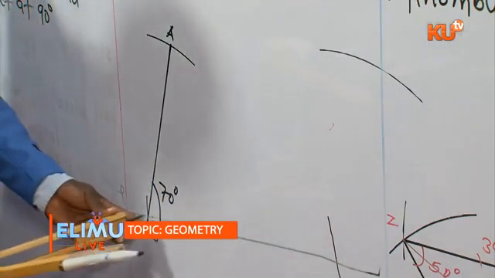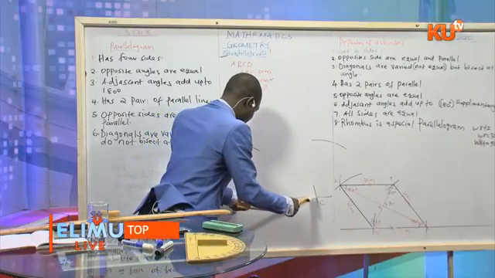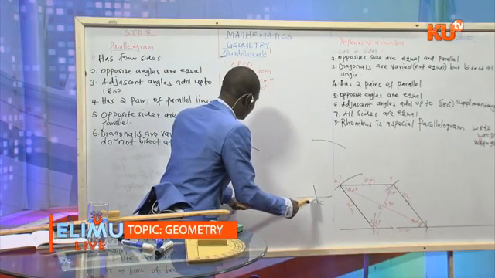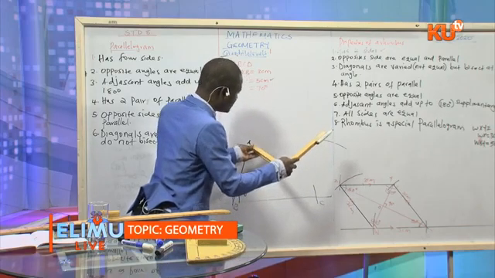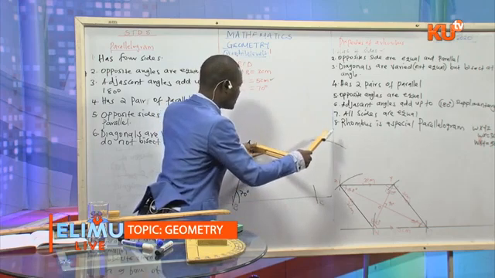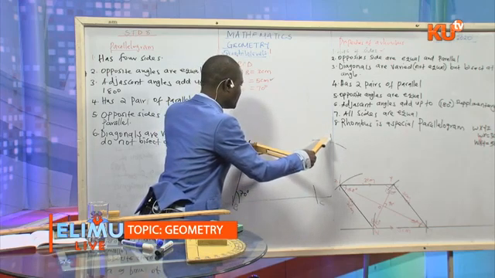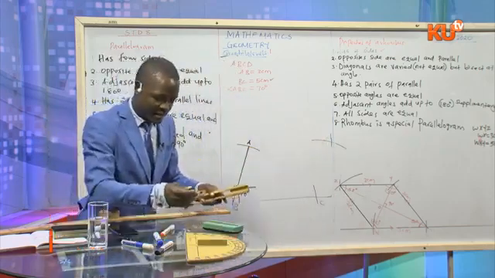Then, because line BC is 5, then also line AD is going to be 5. Reason? The opposite sides are equal and parallel. So just draw that arc like that, so that they intersect like the way they have intersected.